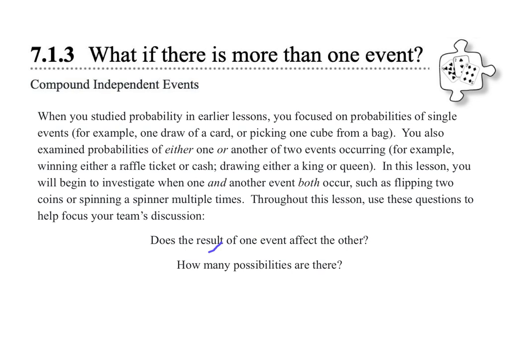You also examined probabilities of either one or another of 2 events occurring. For example, winning either a raffle ticket or cash, drawing either a king or queen. In this lesson, you will begin to investigate when one and another event both occur, such as flipping 2 coins or spinning a spinner multiple times.